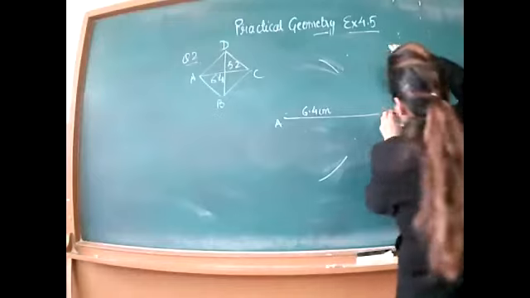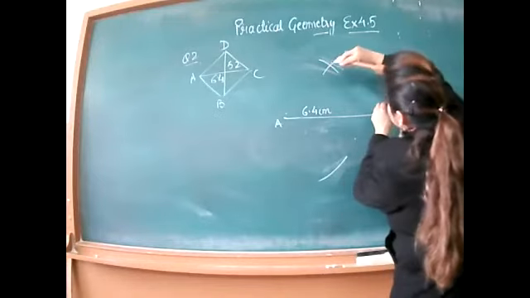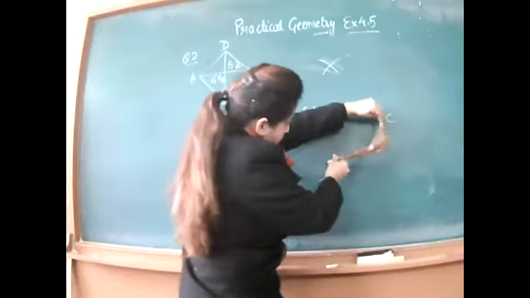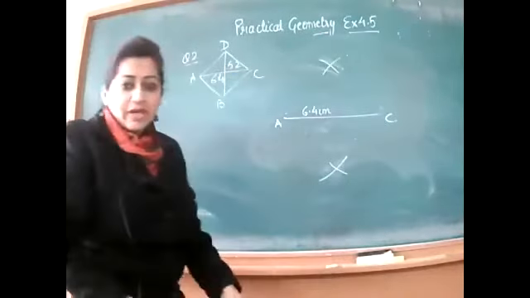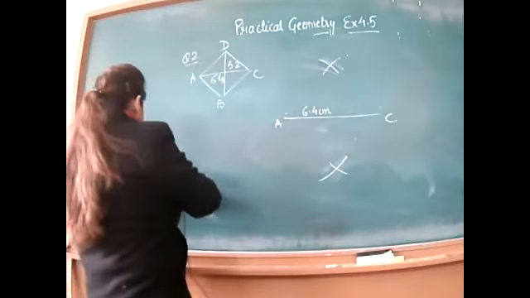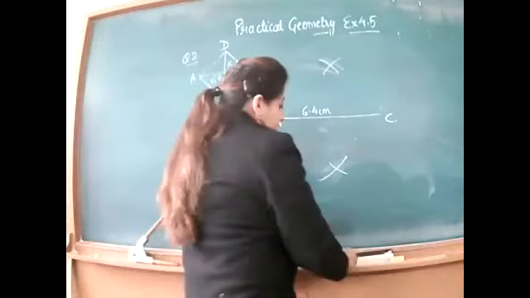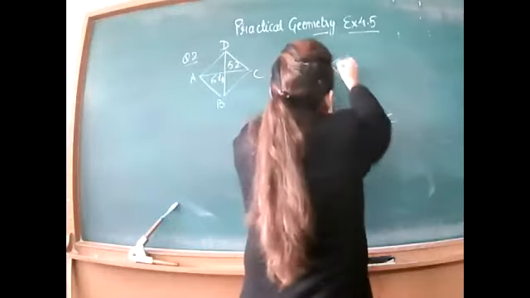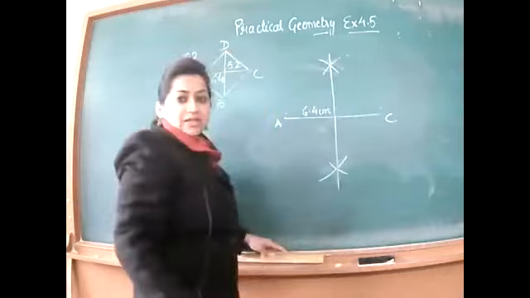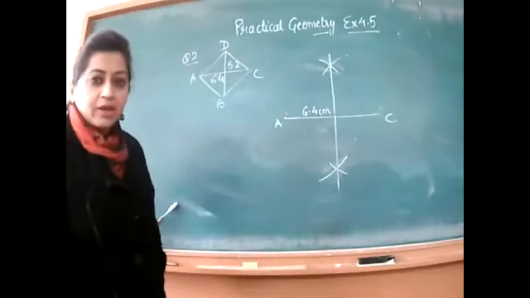From here also you will put the arc like this. Is it okay? Now you will join these two arcs by a straight line. You will get a perpendicular bisector of AC.